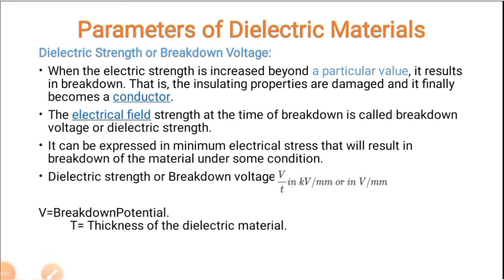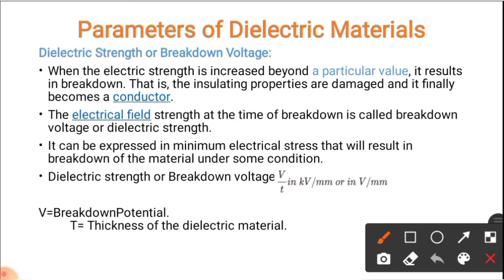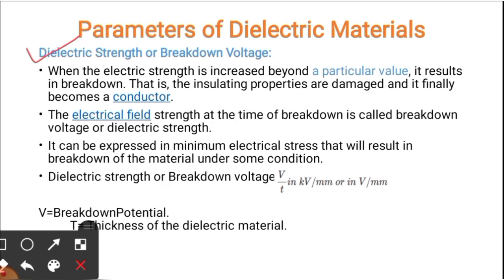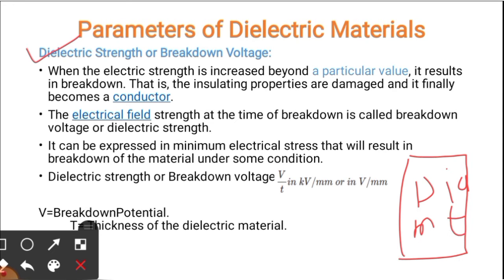Next point is parameters of dielectric material. First point is dielectric strength or breakdown voltage. To understand this concept, first consider this is the dielectric material. Consider we are going to apply an electrical field over this dielectric material, and after some time we will increase the strength of the electrical field.